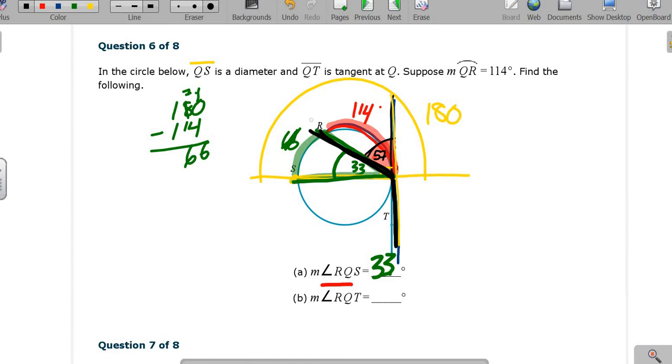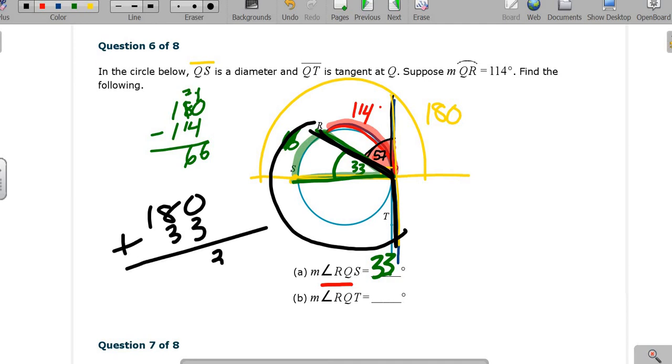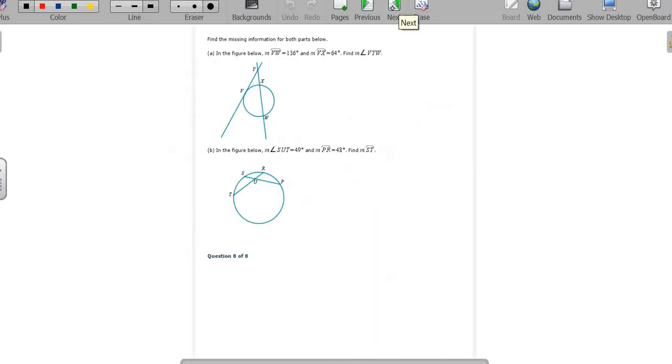Careful there, folks. We are going this way, which is going to be 180 plus 33. And that's going to be 213. Taking a look here.